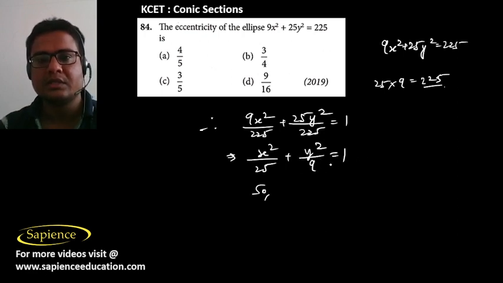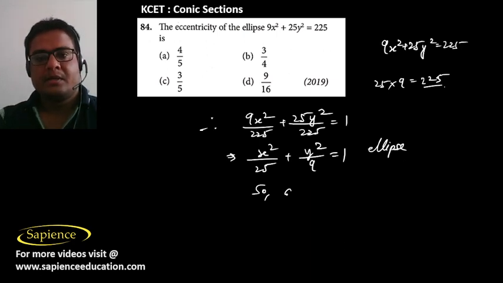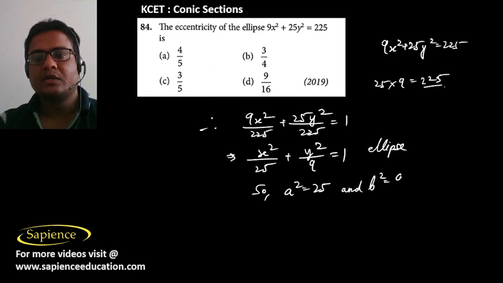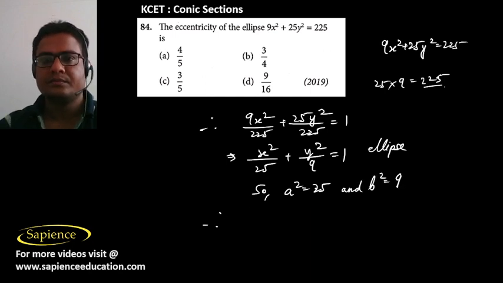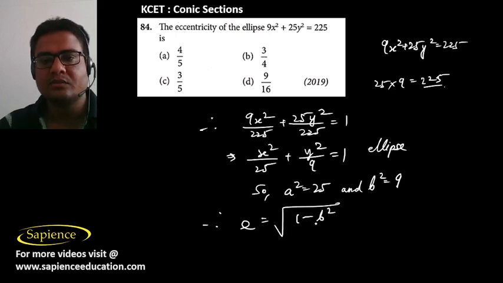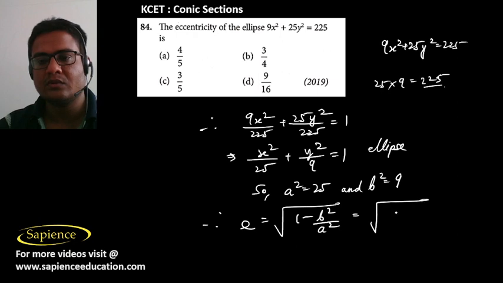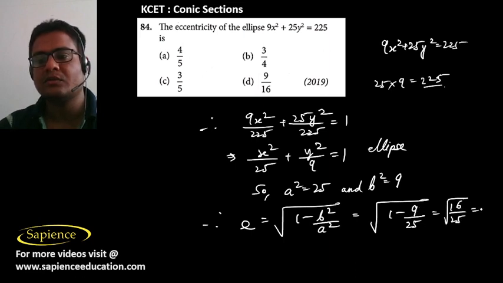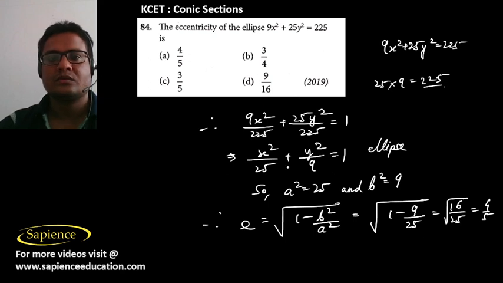So in this ellipse, a square is equal to 25 and b square equal to 9. So the eccentricity of the ellipse will be square root of 1 minus b square by a square, that is equal to square root of 1 minus 9 by 25, that is square root of 16 by 25, that is equal to 4 by 5. So option A is the correct answer.